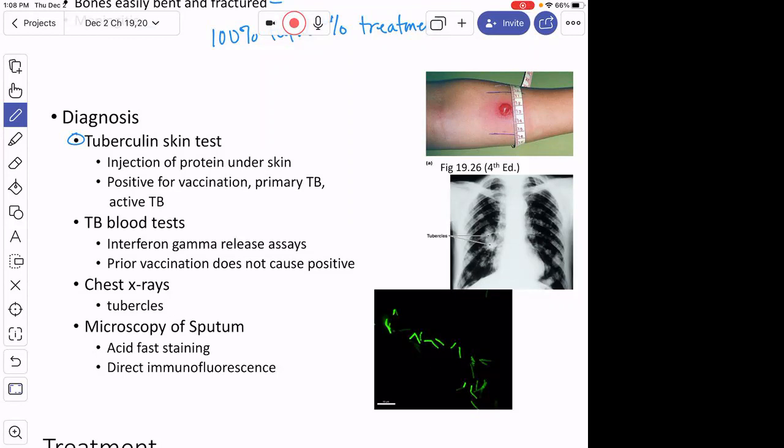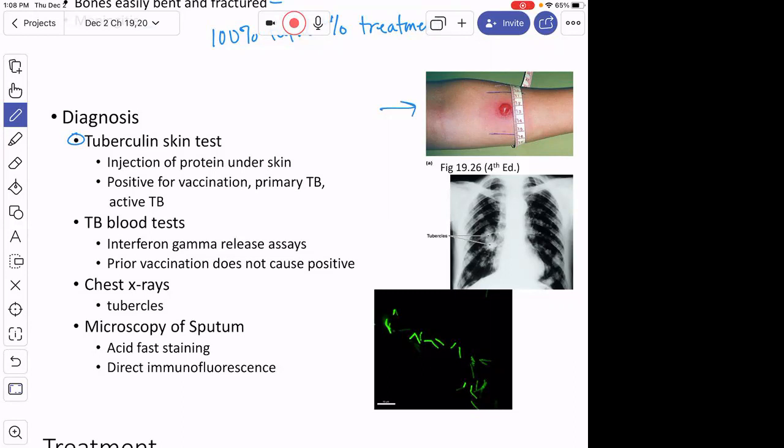They get injected with a little of this tuberculin, sometimes called PPD, purified protein derivative from tuberculosis. Then we have to read that test 2 to 3 days after it's been injected to look for a delayed hypersensitivity reaction to that protein, and you measure it to see what kind of a welt, if any, is there.